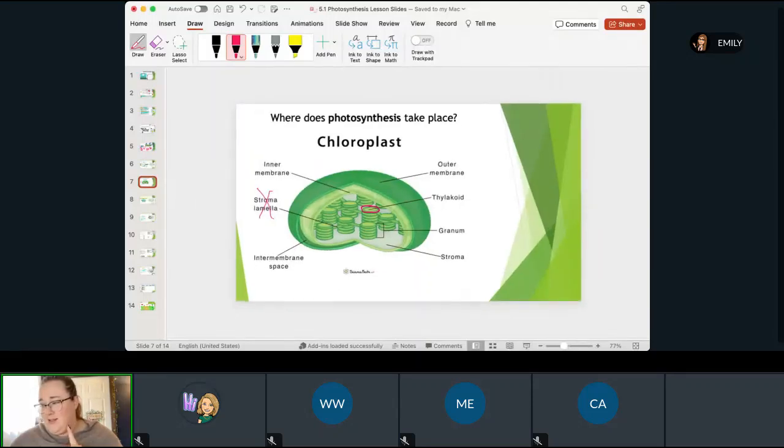So that is a single pancake. This granum is a stack of pancakes. So one of these stacks right here is the granum.